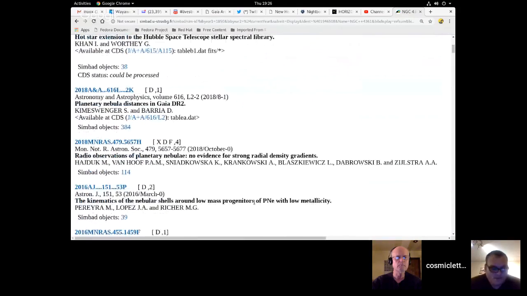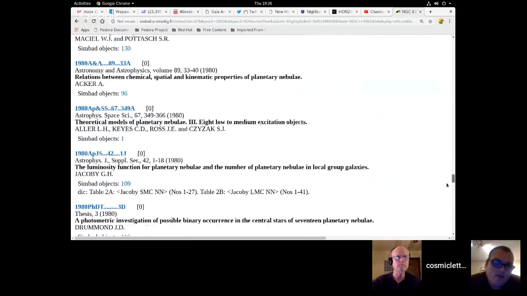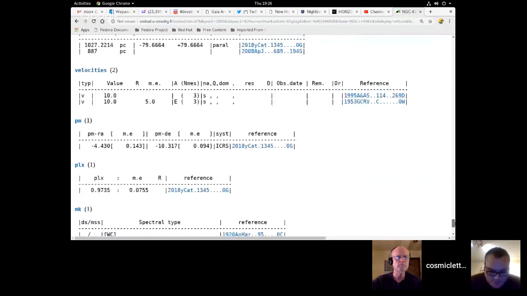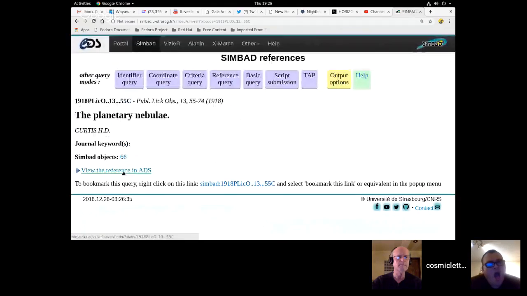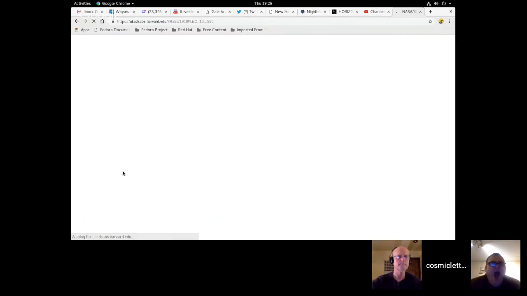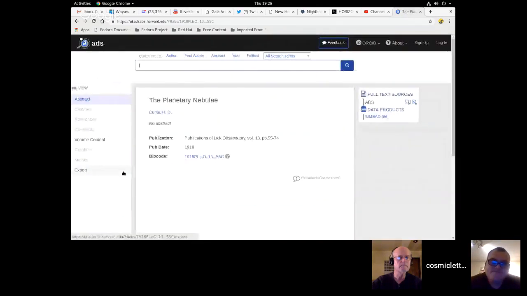One of the things that I like to do from time to time is look at the first reference to this object, 1918. Publications of the Lick Observatory, the planetary nebulae. Let's see if that's available to actually view here. It'd be kind of cool if it is. 1918, that's 100 years old. No abstract, but oh, look.